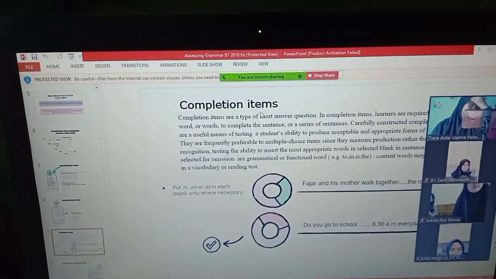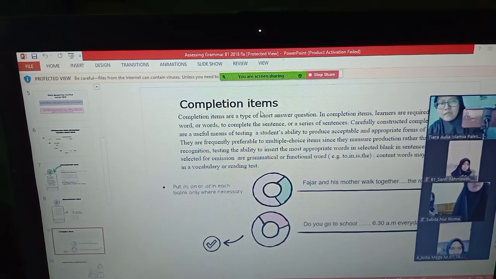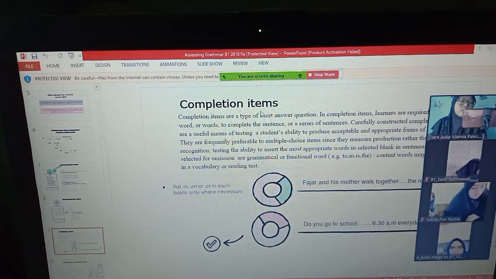This opportunity, I would like to explain the material about completion items. Completion items are a type of short answer question. In completion items, learners are required to insert a word or words to complete the sentence or a series of sentences.